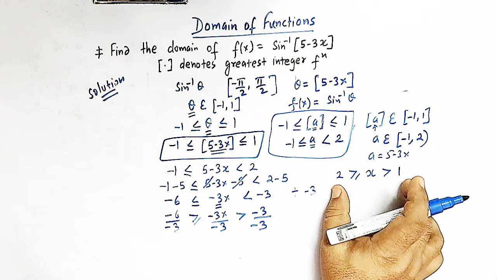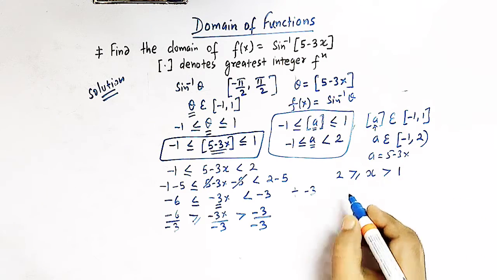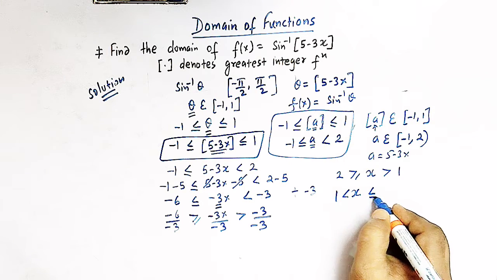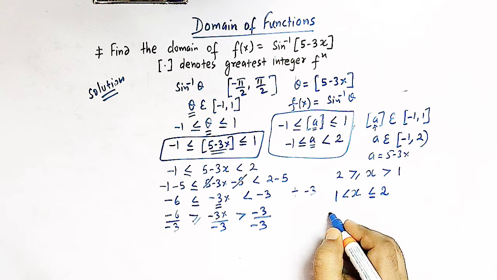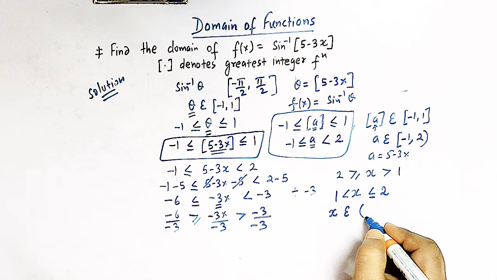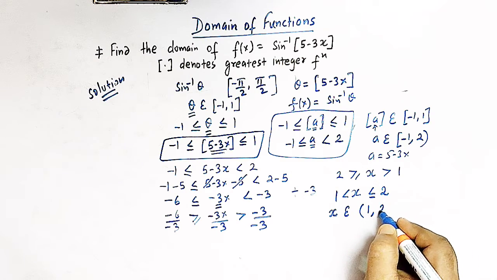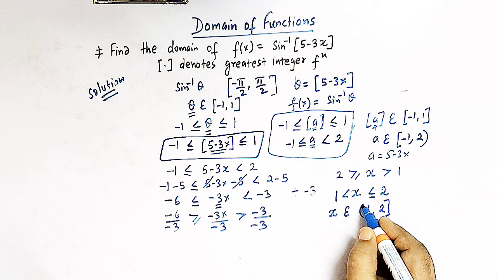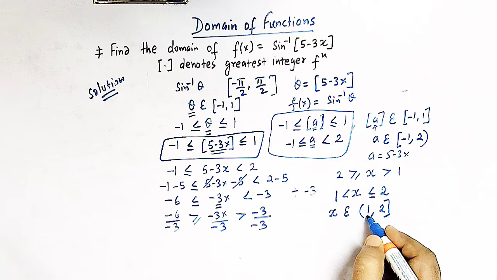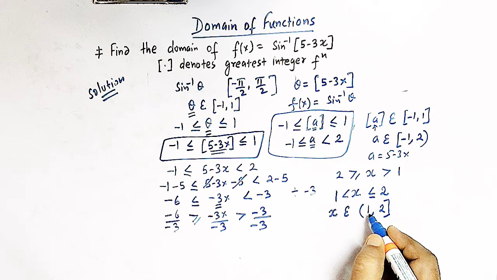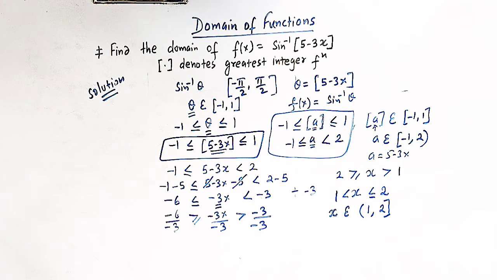So we can now write this inequality as x greater than 1 and less than or equal to 2. Or in other words, x belongs to the interval 1 to 2, which is open at 1 and closed at 2. So here 2 is included and 1 is not included.